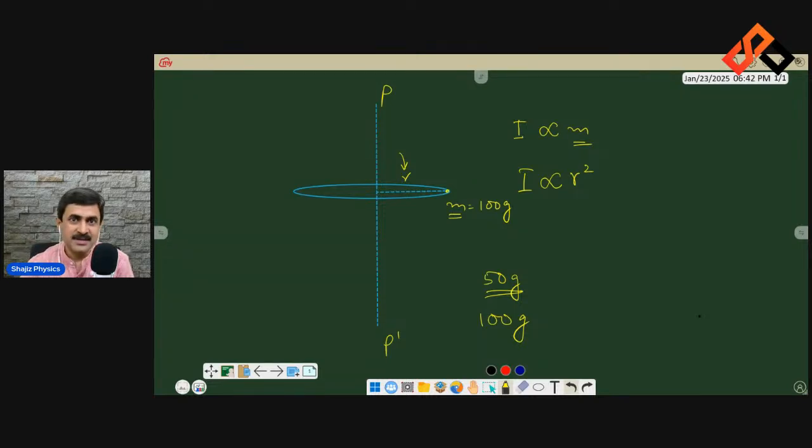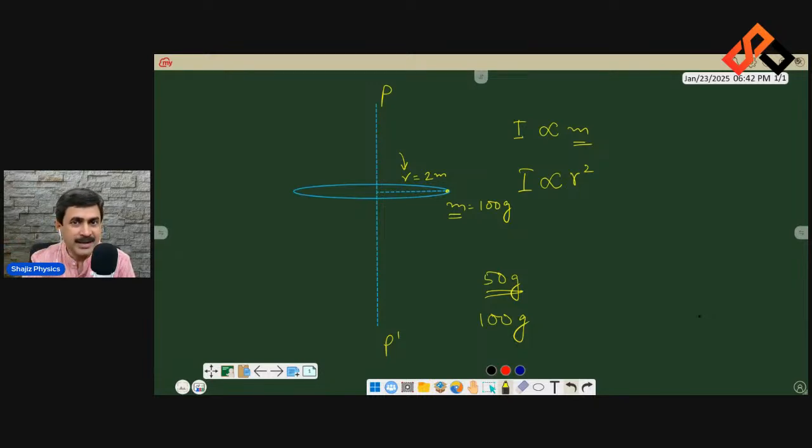In the first case, you are rotating the mass at a speed of 2 meter per second with a radius equal to 2 meter. Now, you stop applying the force on it.